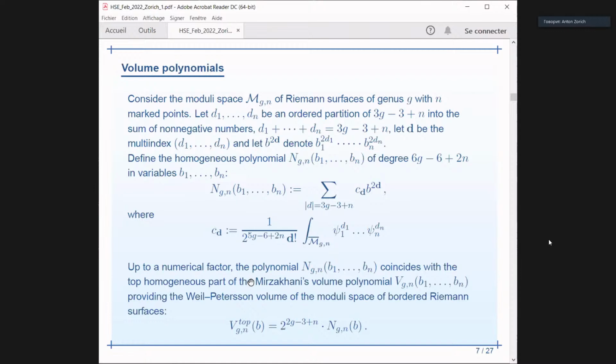So you consider hyperbolic surfaces with boundary. You assume that your boundary is geodesic, so you chop by geodesics. And you impose lengths b1, etc., bn on the n boundary components of your hyperbolic surfaces of genus g.